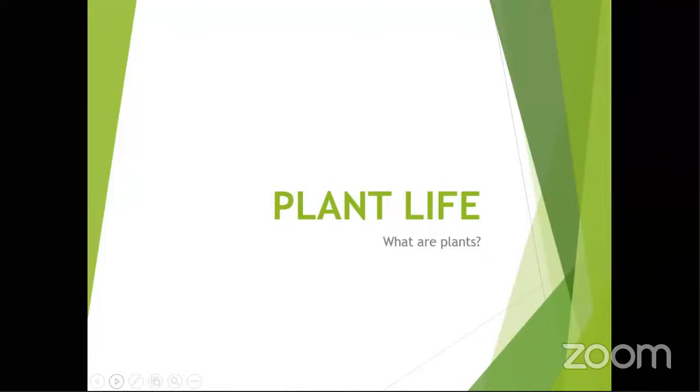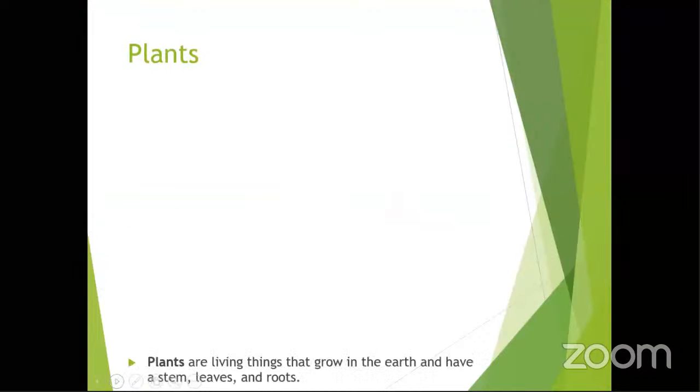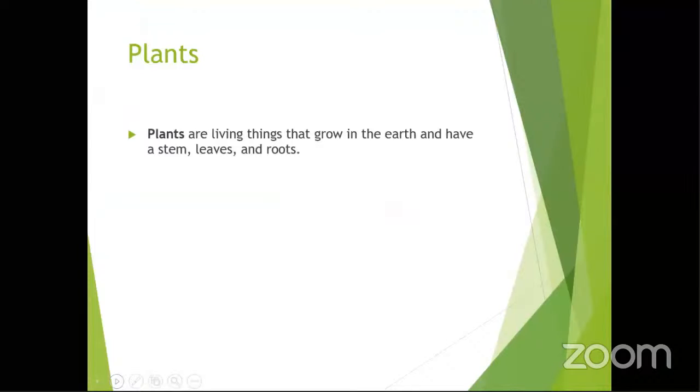As simple as that, and the answer is very correct. I want someone to read for us what Karsten has just told us. She has told us that plants are living things that grow in the earth and have a stem, leaves, and roots.